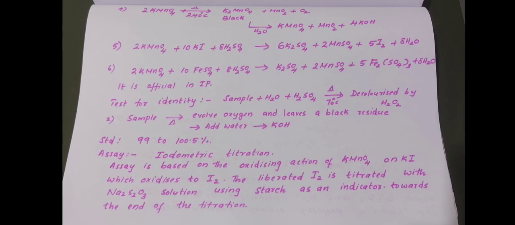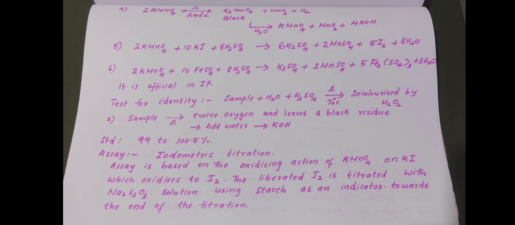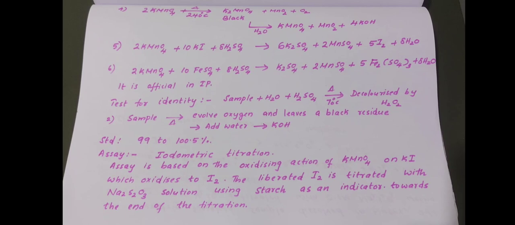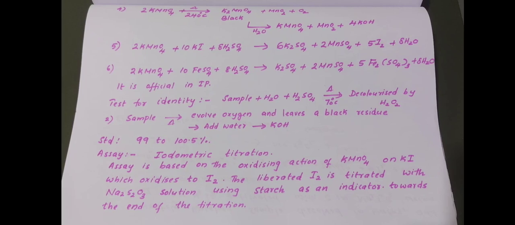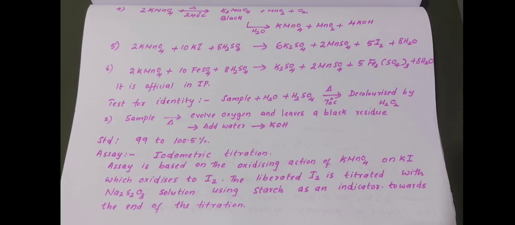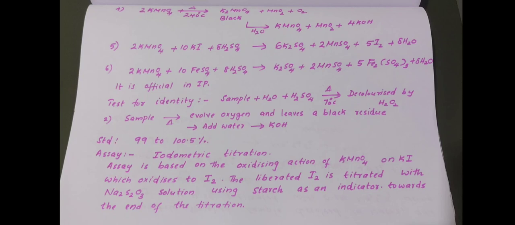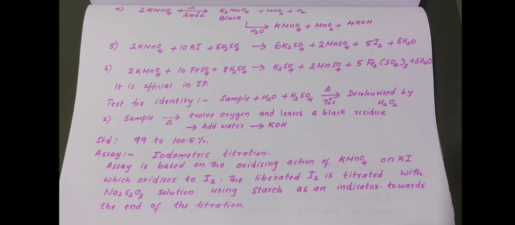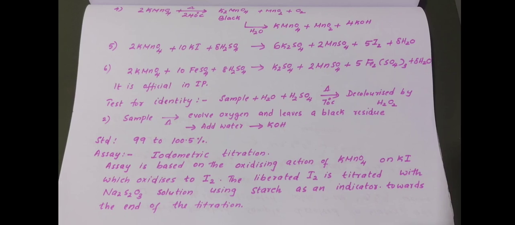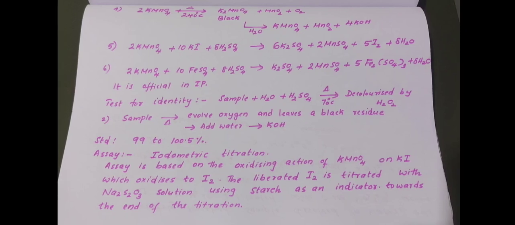So when potassium permanganate is treated with potassium iodide in presence of acidic medium, potassium iodide oxidizes to give iodine. The next example, when potassium permanganate reacts with ferrous sulfate in presence of acidic medium like H2SO4, we get ferric sulfate.